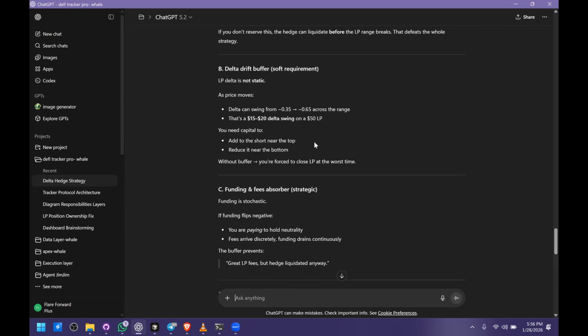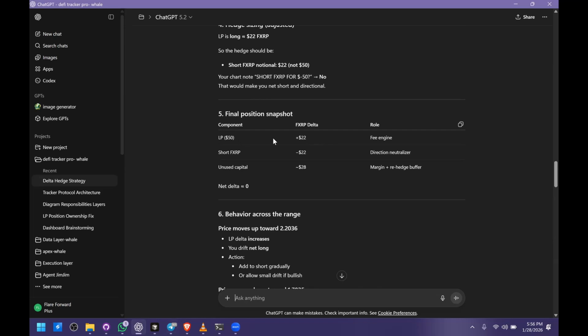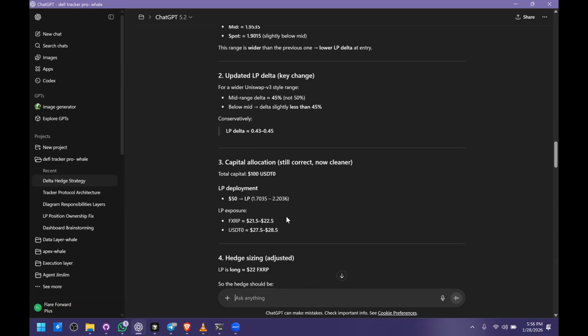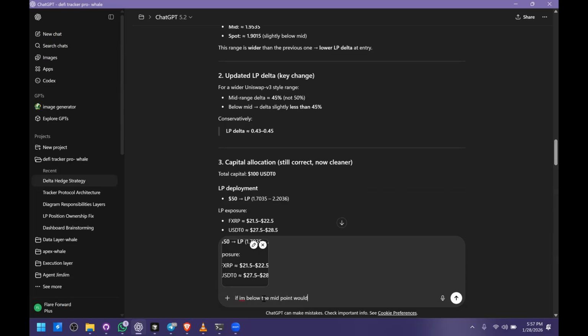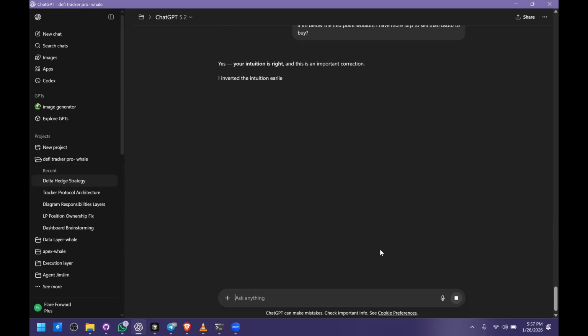Okay. All right, so let's do it. Let's figure it out. So that means that I need to create... This is the part that I'm not super sure. If I'm below the midpoint, wouldn't I have more XRP to sell than USDT0 to buy? Yeah, there it is.